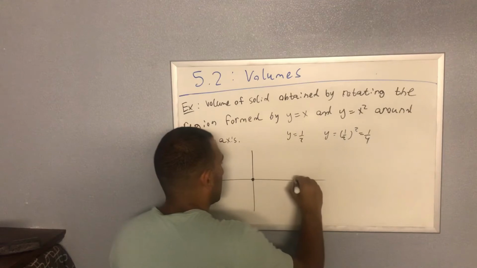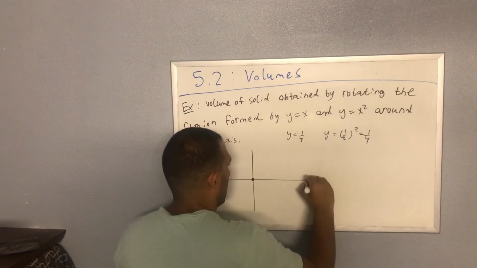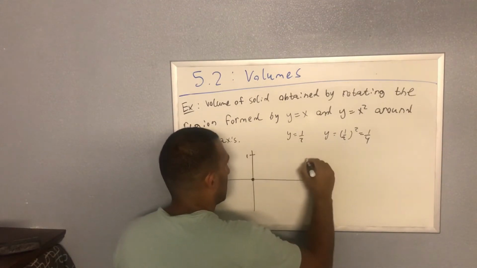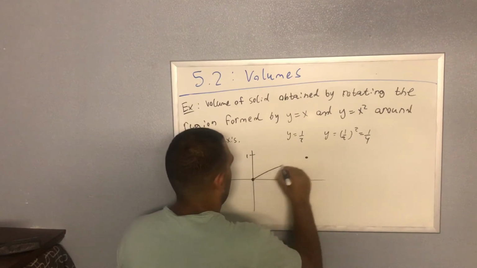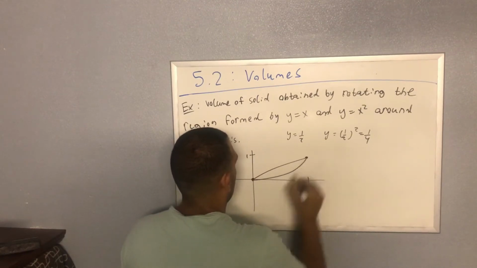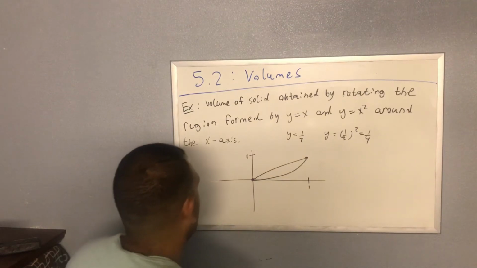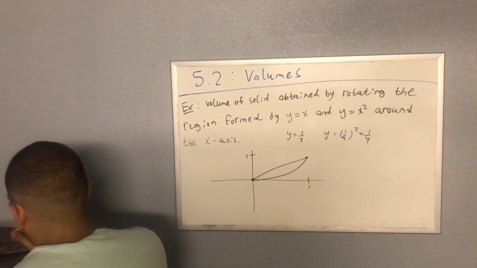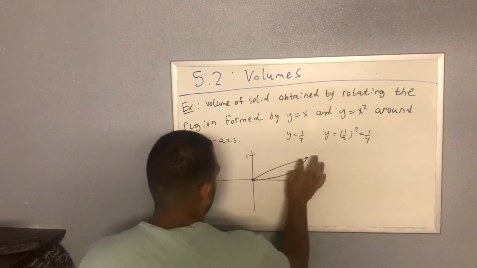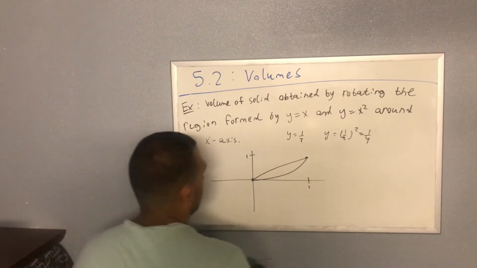So they intersect at these points, and the line is on top of the curve. Okay, so the line is bigger than the parabola, at least on this interval.